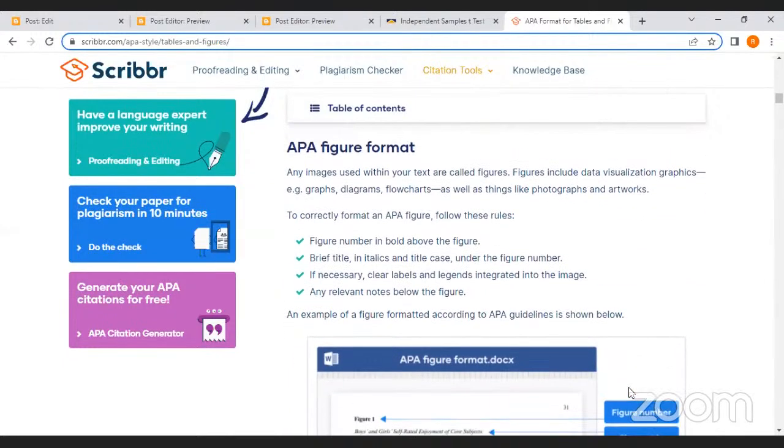Now write down the APA figure format. Figure number in bold above the figure. Next, brief title in italics and title case under the figure number.